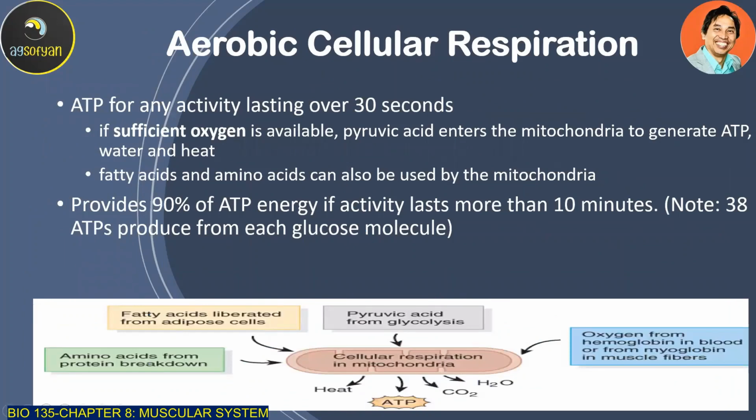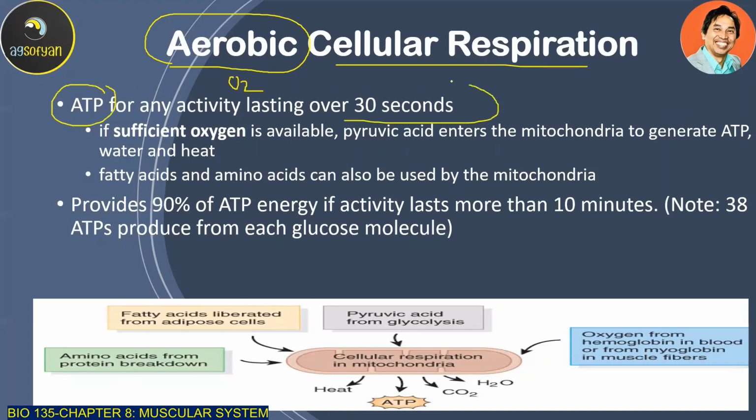And this is the primary source for our contraction, which comes from aerobic respiration. Using oxygen, cellular respiration. Again, glucose plus oxygen will produce ATP. And this is used for any contraction over 30 seconds, maybe minutes or even hours. It provides about 90% of the ATP used during our contraction.